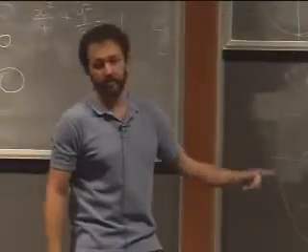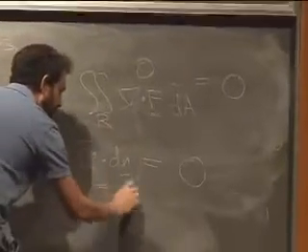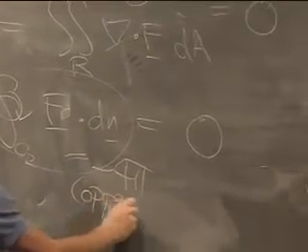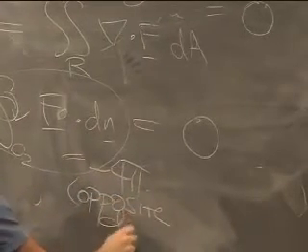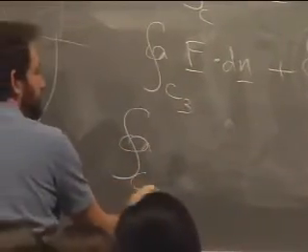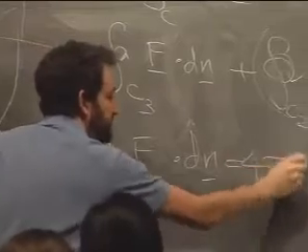But if you go the other way, it's minus 4 pi. So this is equal to minus 4 pi in the opposite direction. And then this means that the integral we want is 4 pi.